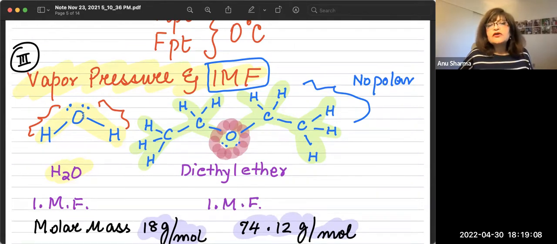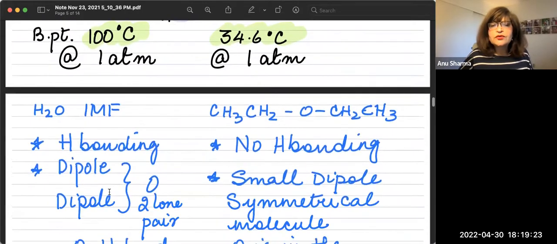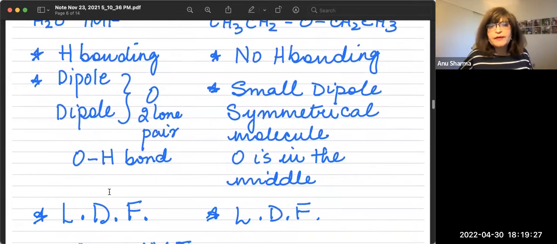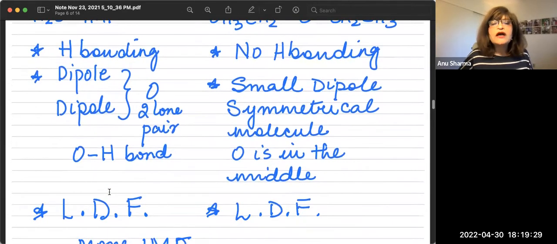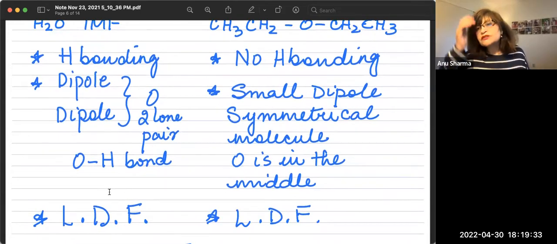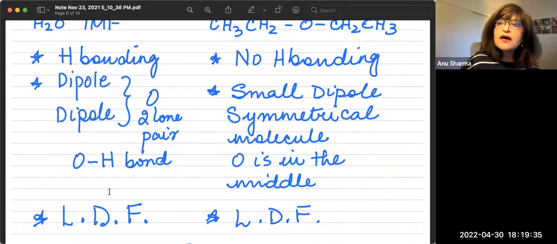This oxygen will have a delta negative charge, and these hydrogens have a delta positive charge. So these water molecules will have a dipole in them. They will have hydrogen bonding, since oxygen has a lone pair. So this is a polar molecule, and they also have London dispersion forces. London dispersion forces are present in all molecules.